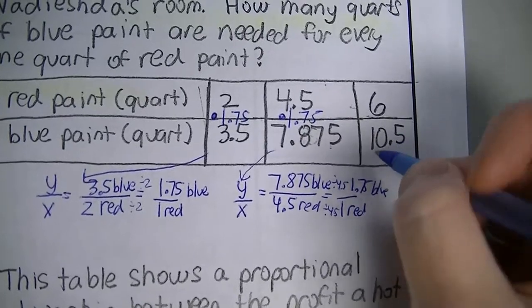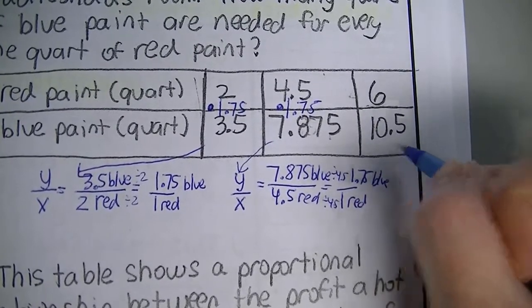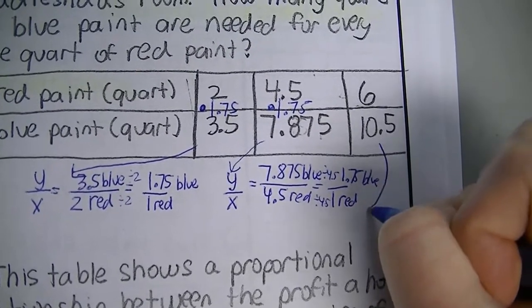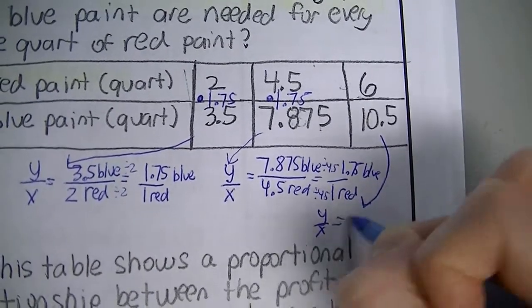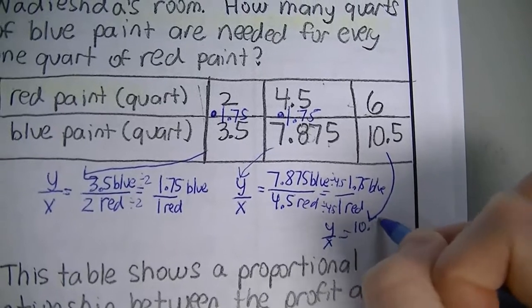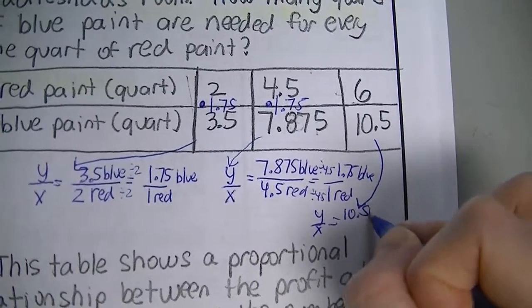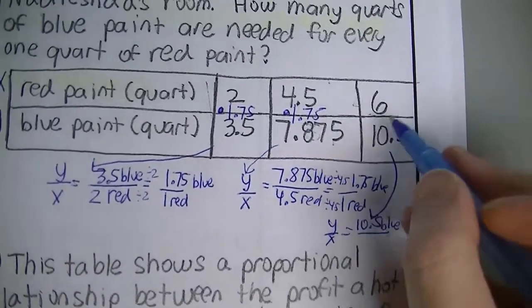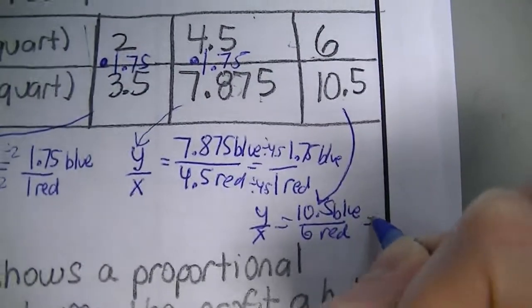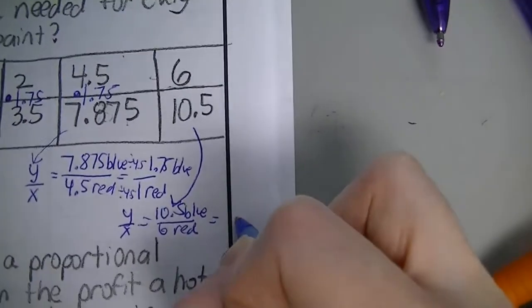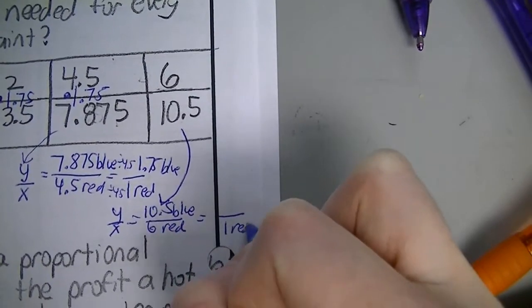All right, for this last one right over here, this last relationship in the table, I'm going to have to draw an arrow way down here so I have room. I'm going to go y divided by x. Well, the y value is 10.5 quarts blue for 6 quarts red. And we want to get 1 in the denominator to get the unit rate, 1 quart red.